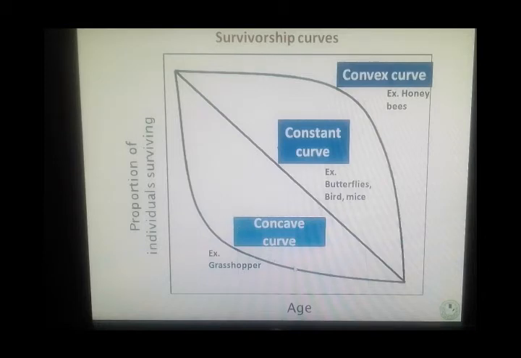That is followed by much lower and relatively constant losses at the latter stage of the lifespan. We can get this type of curve in grasshoppers and even in case of parasites. Now I hope that you have understood these three different survivorship curves.